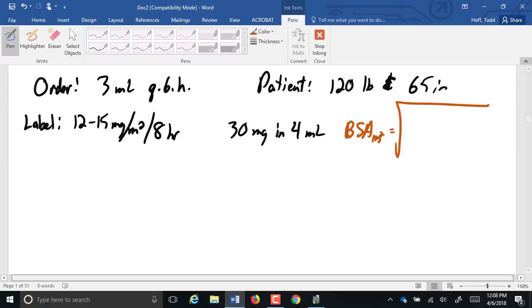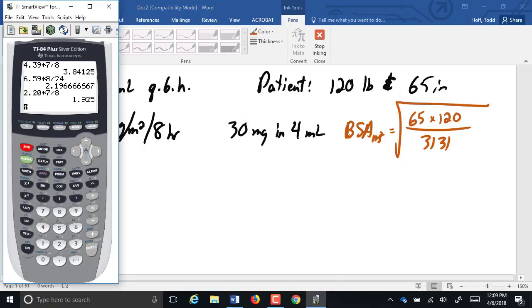I see a couple people still writing, but let's check and see how you're doing here. So we have to find the body surface area first. So it's going to be the height of 65 inches times 120 pounds for weight. Since those are standard units, it is over 3131.